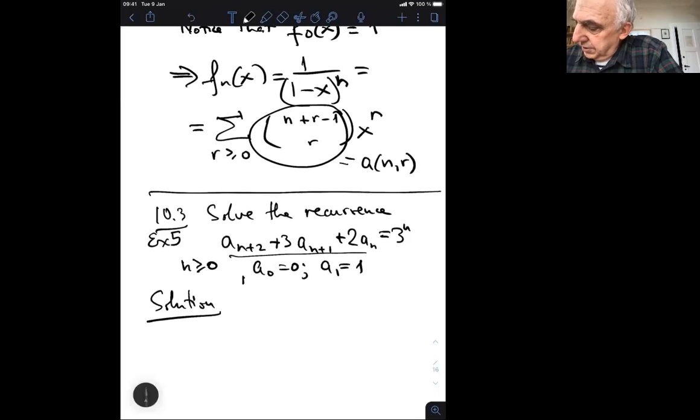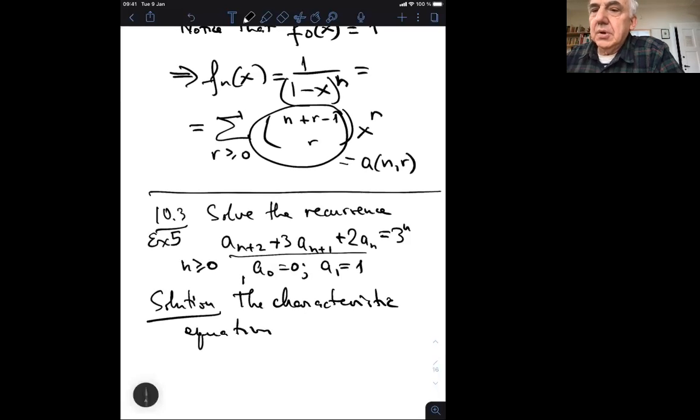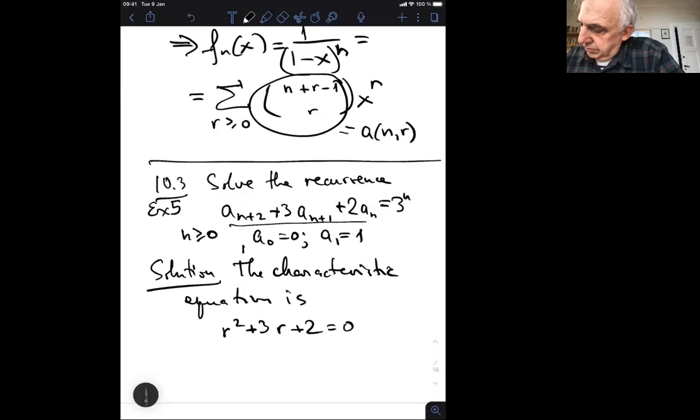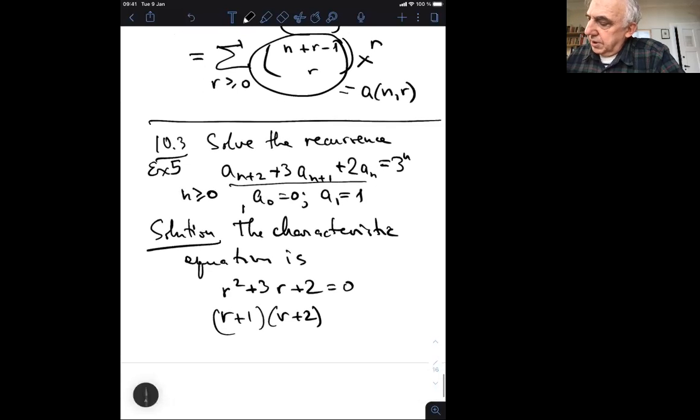Okay, so the characteristic equation would be r squared plus 3r plus 2 should vanish. So what do we get? I think it's (r plus 1) times (r plus 2). So our roots are minus 1 and minus 2.